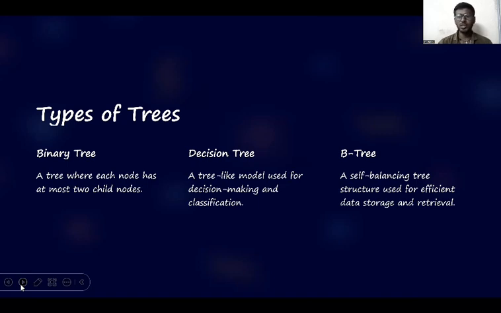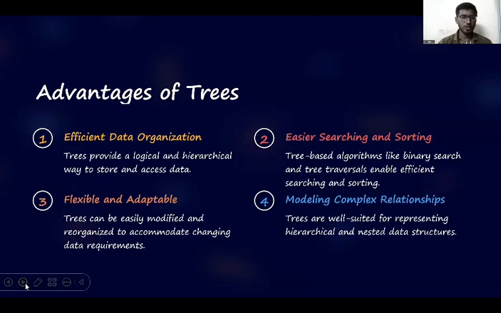It is used in decision making models, like algorithms also. And the third one is balanced trees. A balanced tree structure is used for efficient data storage and retrieval, which is important for many algorithms. We can learn more in this video about these types of trees and techniques.